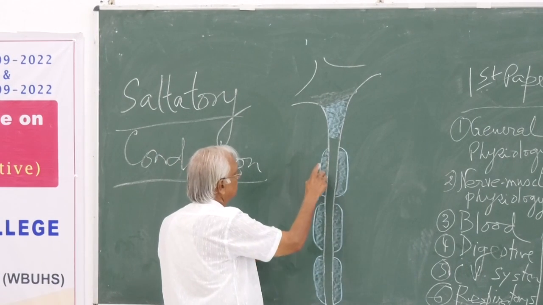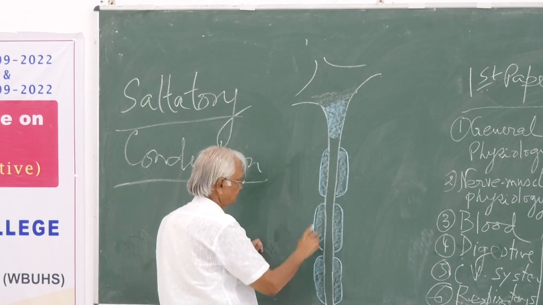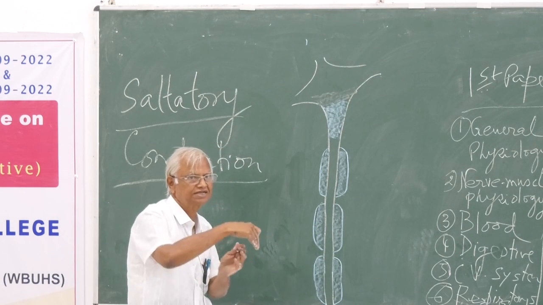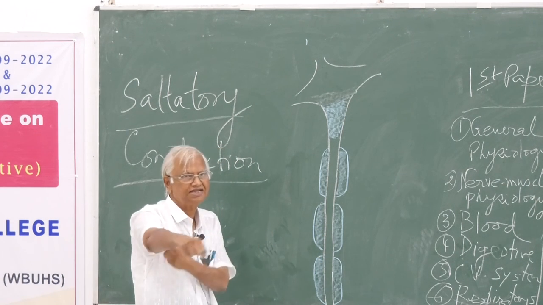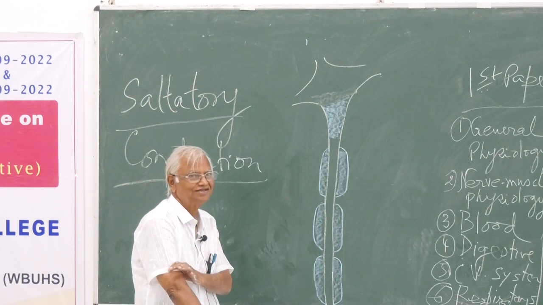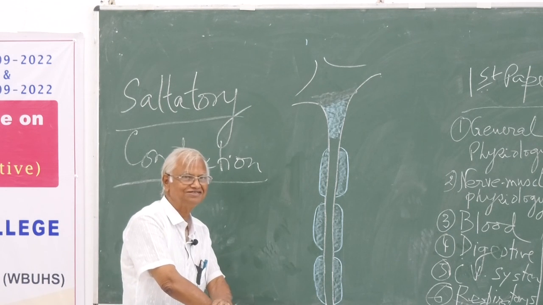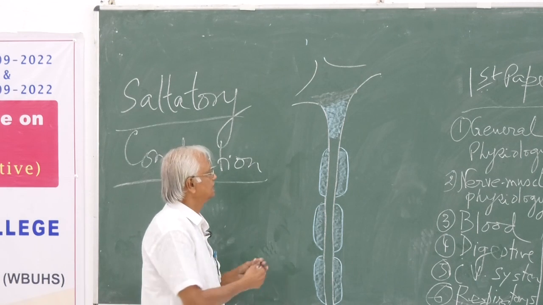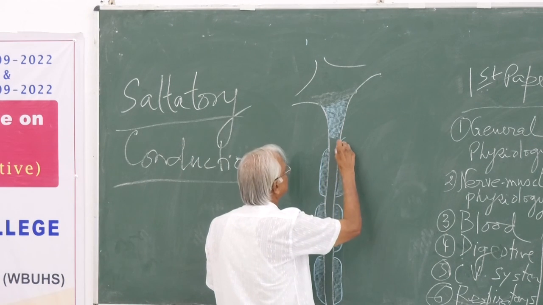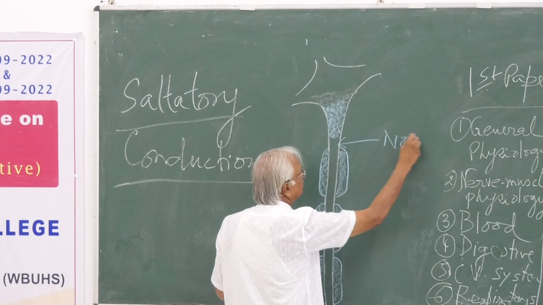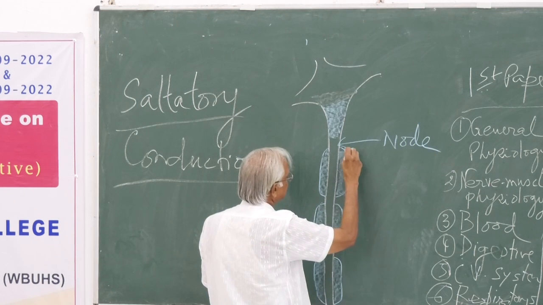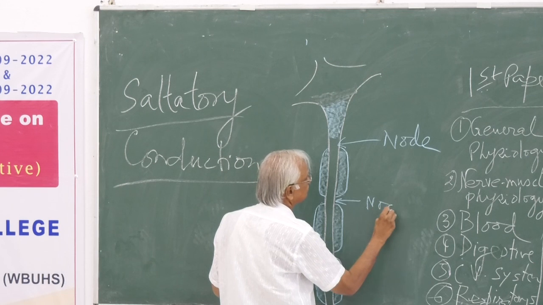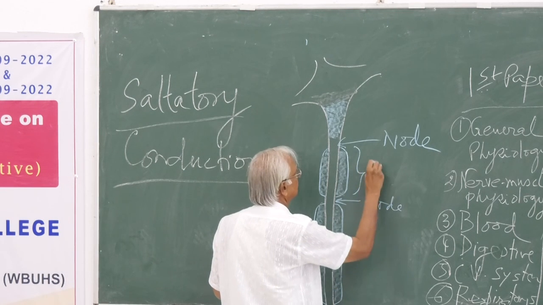This is the myelin sheath, the myelin sheath covering the axon. Just like this is a myelin sheath covering this part, but from here another myelin sheath, from here another myelin sheath. So these are the myelin sheaths, and this is called the node. The distance between one node to another is called the internode.